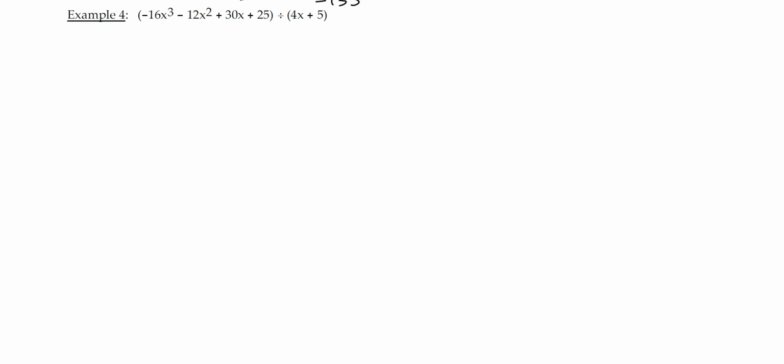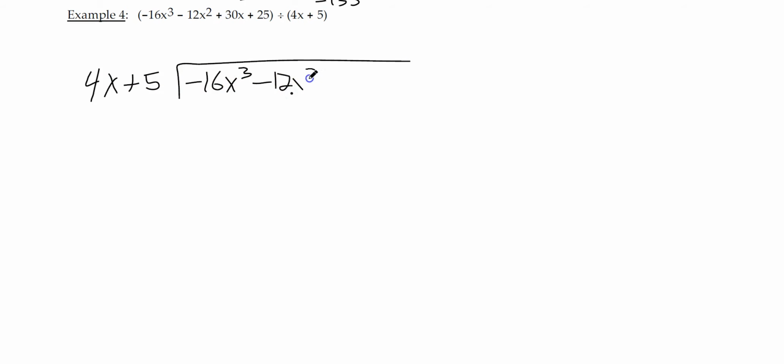Example 4. This one has a 4x, so it might be a little more complicated in the arithmetic. Let's find out. 4x plus 5 divided into negative 16x cubed minus 12x squared plus 30x plus 25. 4x times what is negative 16x cubed?